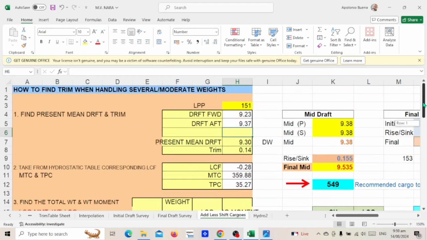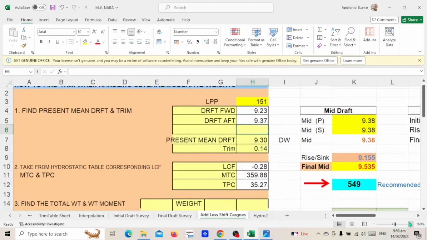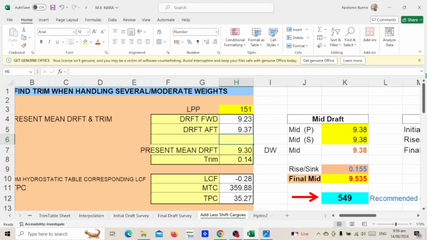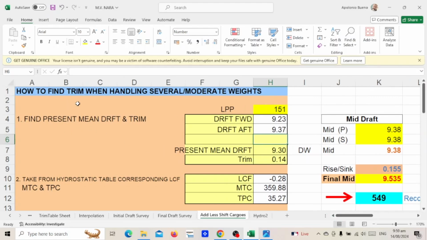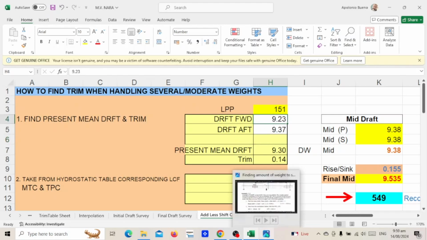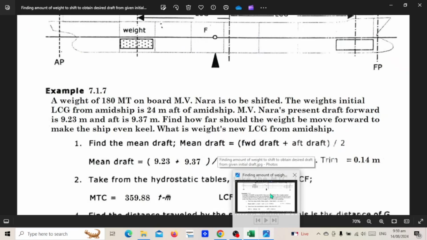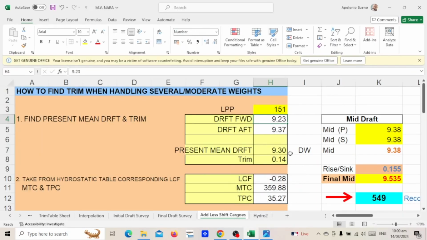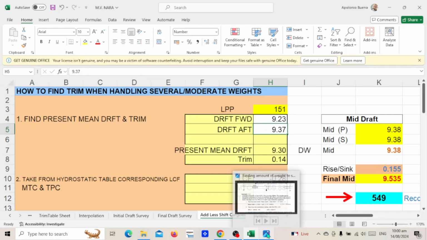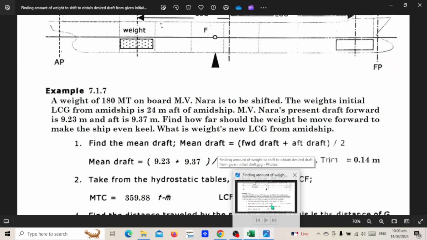Okay, we go to make this a little bigger, and you go to how to find trim when handling several moderate weights. So what was your draft? Draft forward is 9.23, and your aft draft is 9.37.